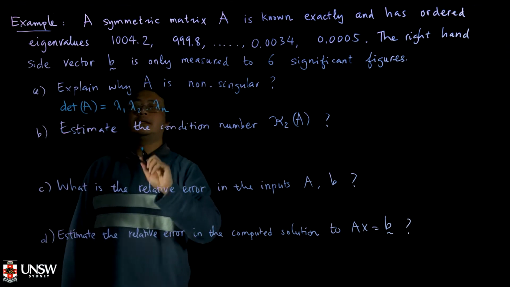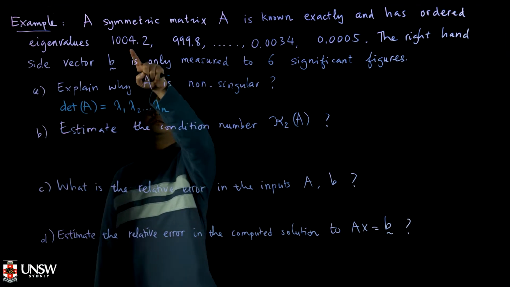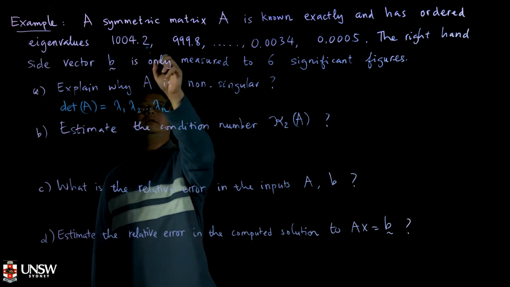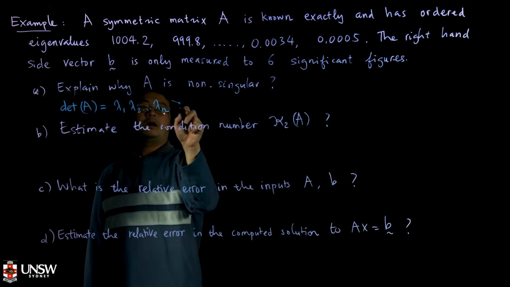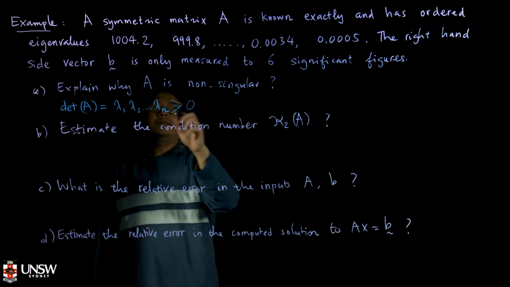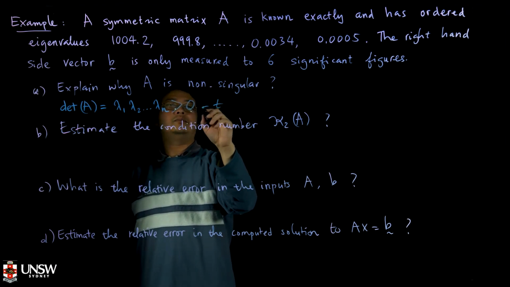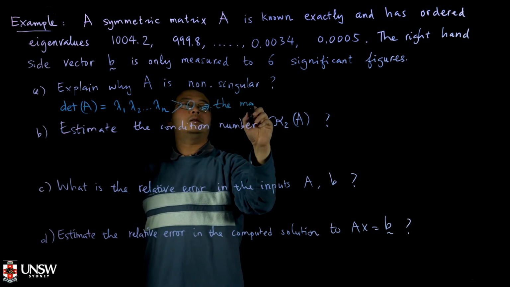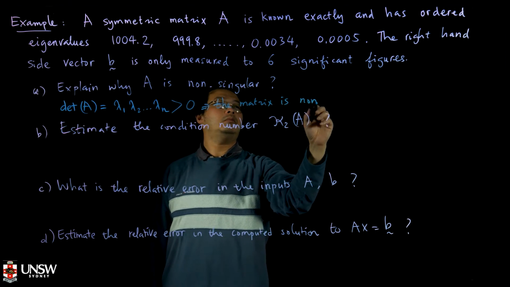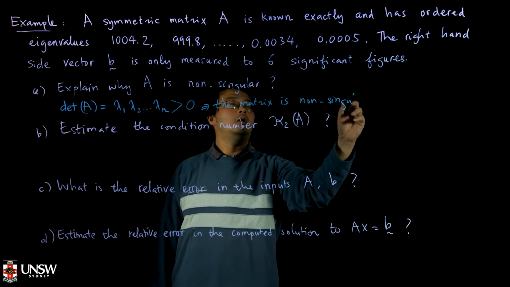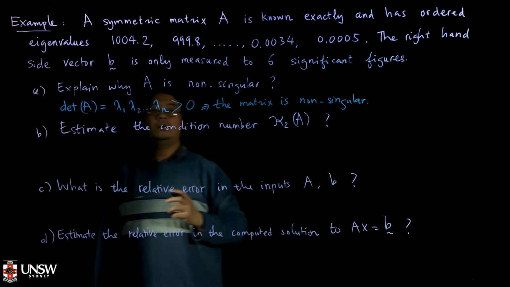And you can see that the largest eigenvalue is non-zero, and the smallest eigenvalue is non-zero. So this product is positive, so the matrix is non-singular because the determinant is non-zero. So this is the result from linear algebra.